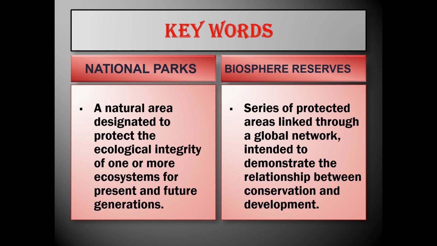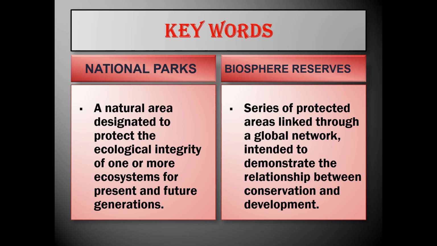Not only these two, we have already discussed many of the keywords in both of the parts. We also learned about the wildlife sanctuary, that is a reserved area meant for preservation and development, especially for endangered species.